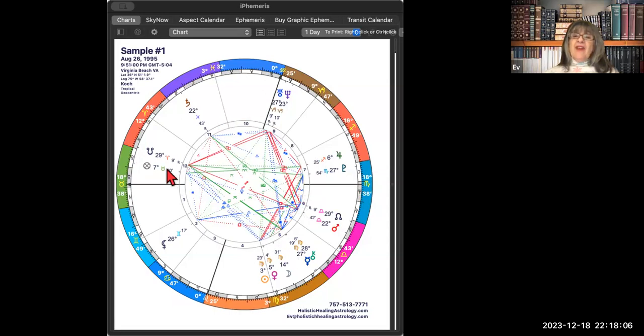What makes it very unique is how the planets are spread out, and the relationships that these planets and points have to one another. That's what makes your cosmic fingerprint unique.